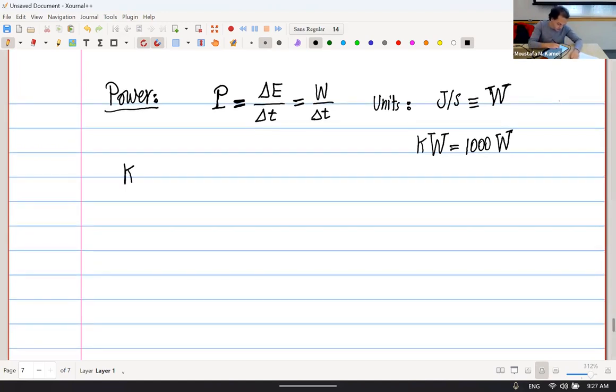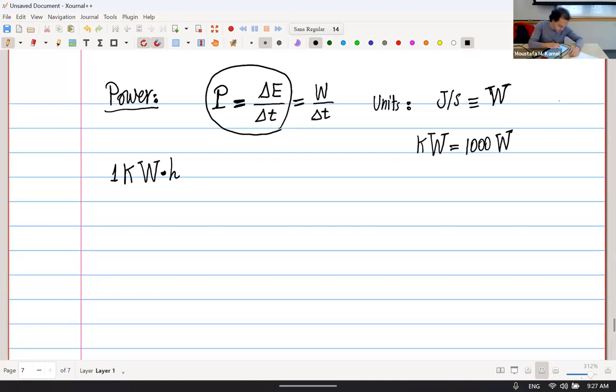So the unit kilowatt hour is a unit of energy, not power. This is a unit of energy because it's a unit of power times time. And if you look at this equation, power times time is energy, okay?